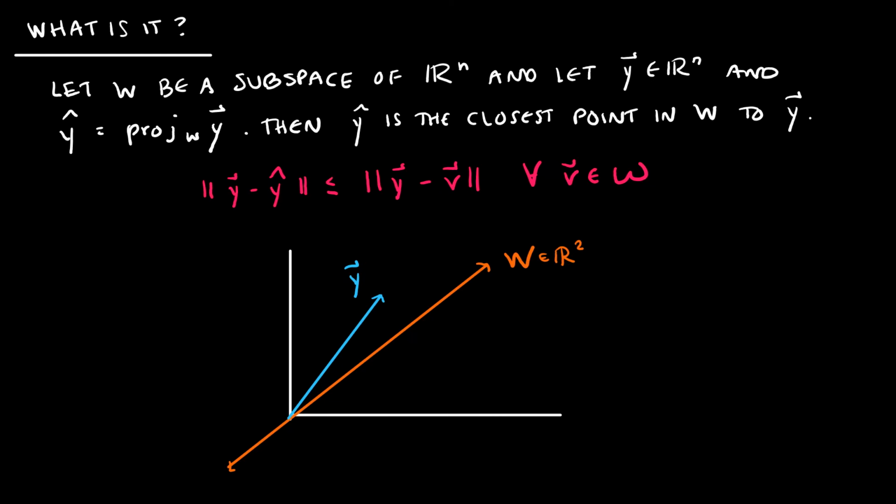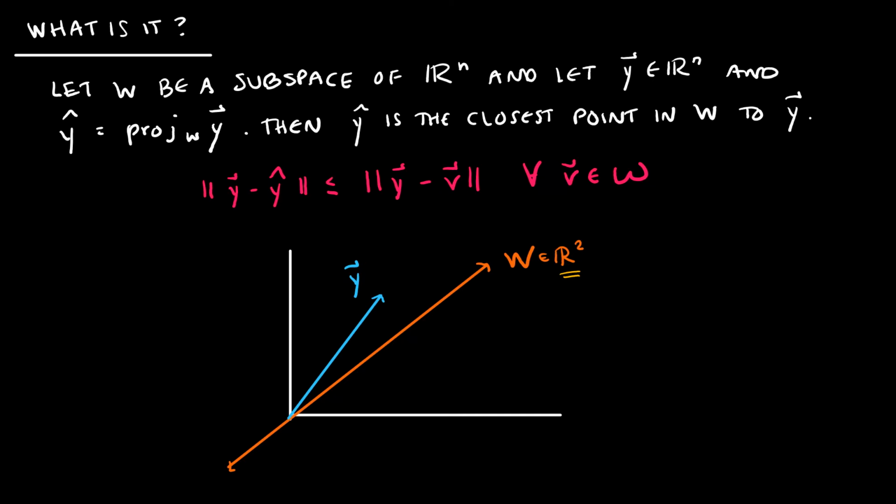I have a set W, and obviously I'm looking at R2 right now because I'm looking at a picture so that I can try to visualize what exactly is happening. So I have this subspace W of R2. Then I have Y, which is some vector that's not in W, but it is in R2.